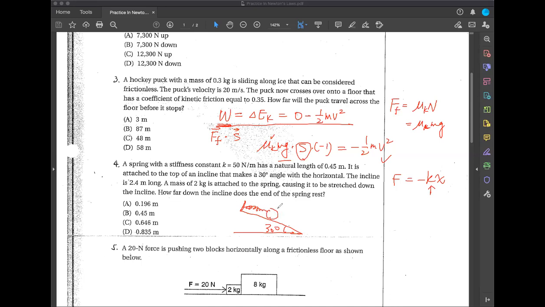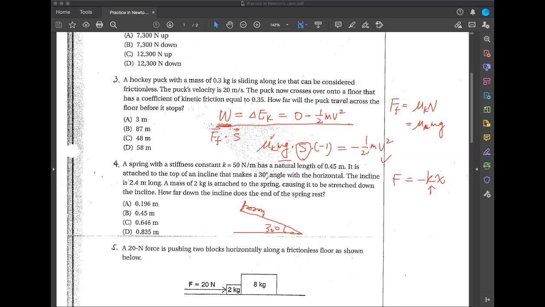Okay, let's redo that. Let's draw it this way. Initially, the spring has a natural length, maybe this much, right? But after the spring has been attached to a mass, it has to be stretched out.